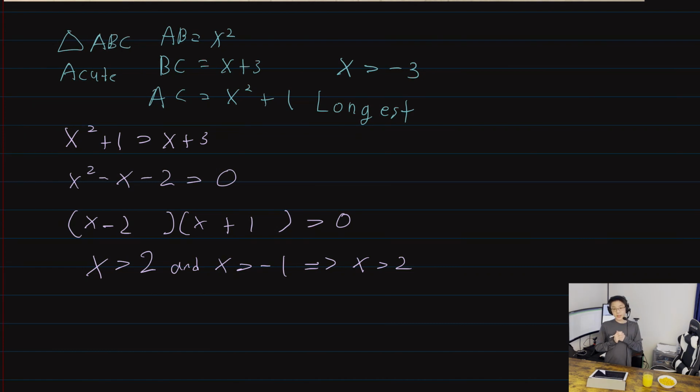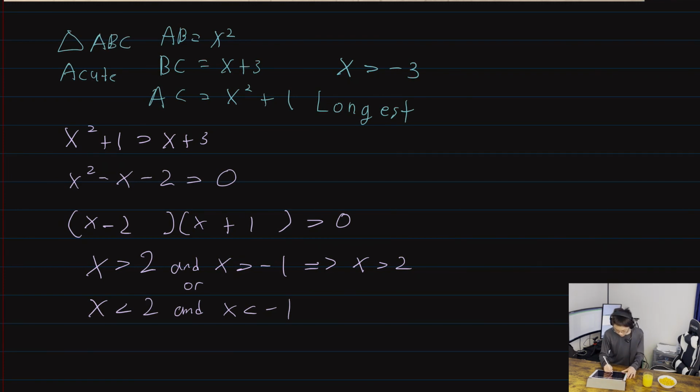And notice that we have two ways that we could do this. We could do positive, positive, which is what we just did, or we could also do negative, negative. So to do this, x must be less than 2, and x must be less than -1.